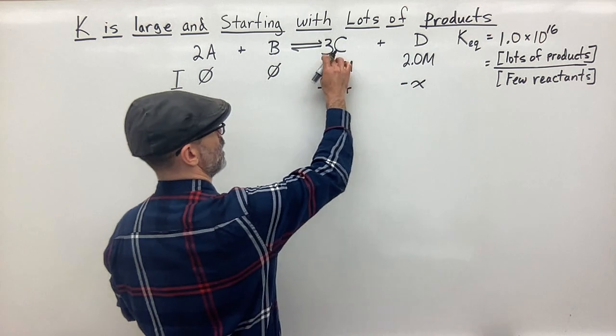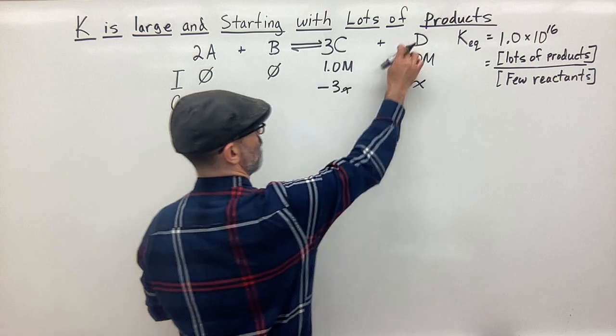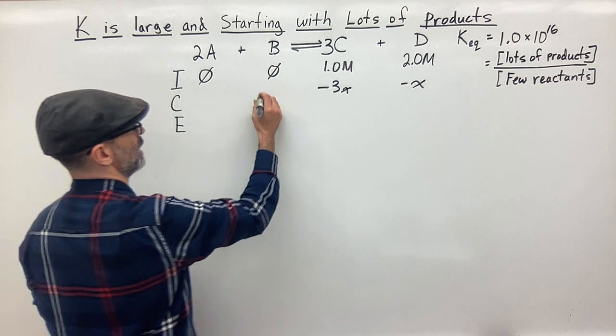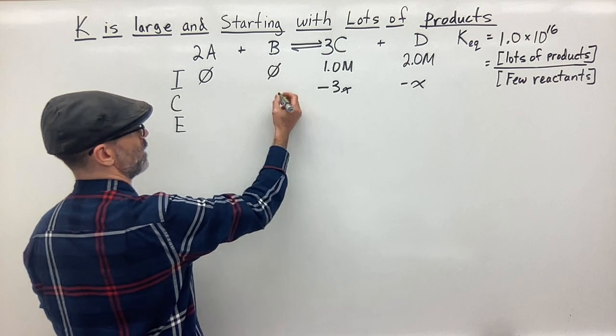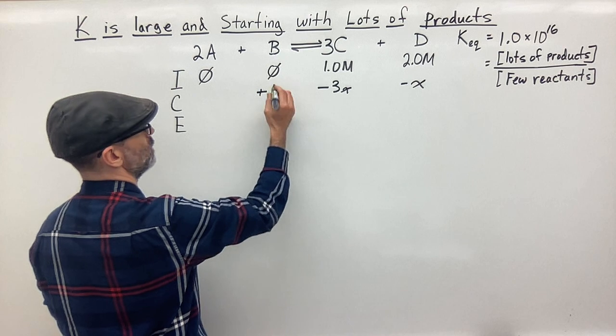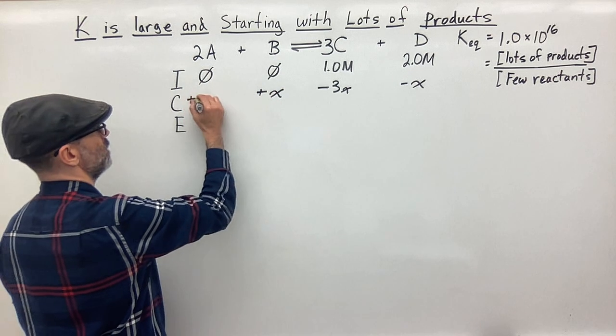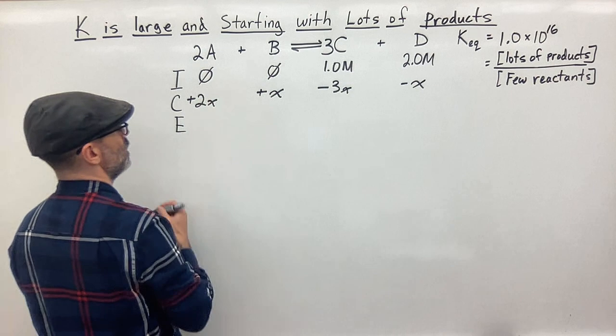If I have a 3 here, I have to have a 3 here. If I have a 1 here, I have to have a 1 there. So I'm going to gain on this side. I'm forming reactants, so I'm going to add an X amount there, and a 2X amount there.